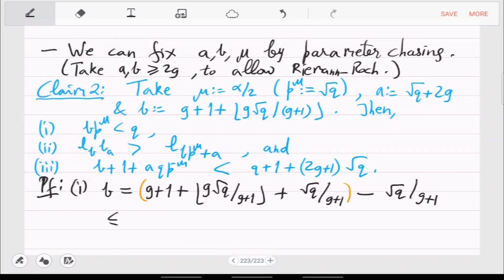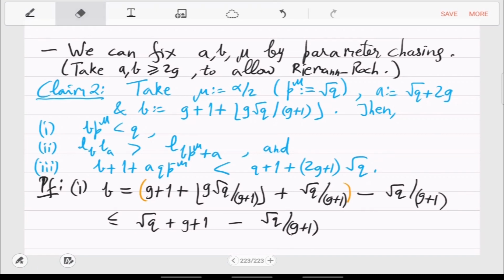So this part is less than or equal to square root q plus G plus 1. Why is that? Yeah, that should be just, let me write in the correct order, then it's clear.